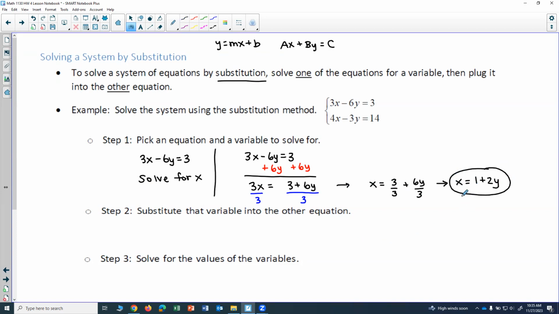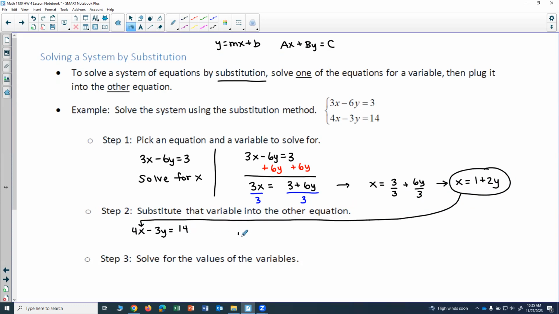Now I have the first equation solved for x, and I'm going to substitute that variable into the other equation. So my other equation is 4x minus 3y equals 14. And I'm taking this x equals 1 plus 2y, and I'm putting it in for the x in this equation.